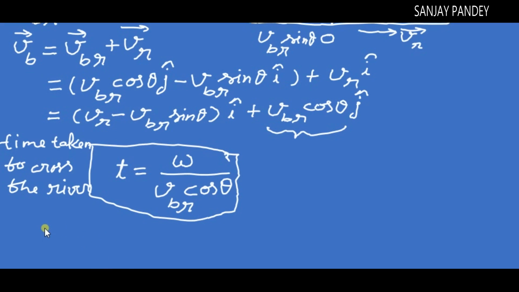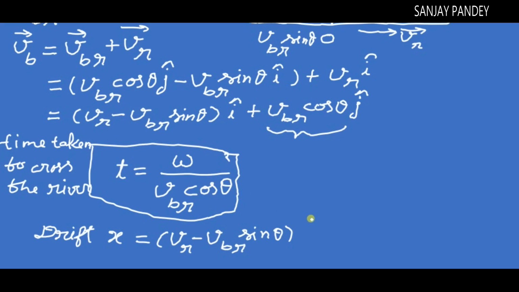Drift x is equal to the velocity of the boat along the x-axis, which is VR minus VBR sin theta, the component of i cap in this equation, times T, and T is W upon VBR cos theta.